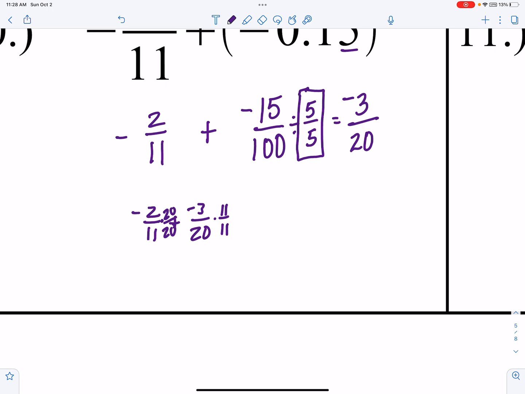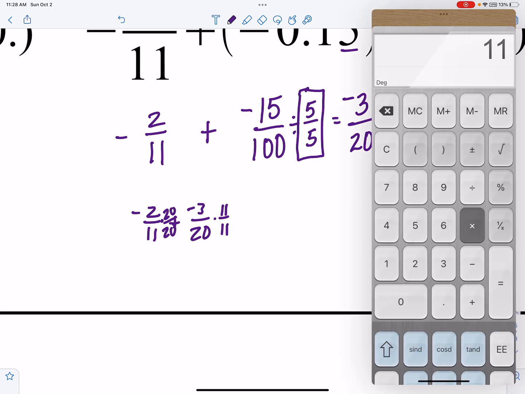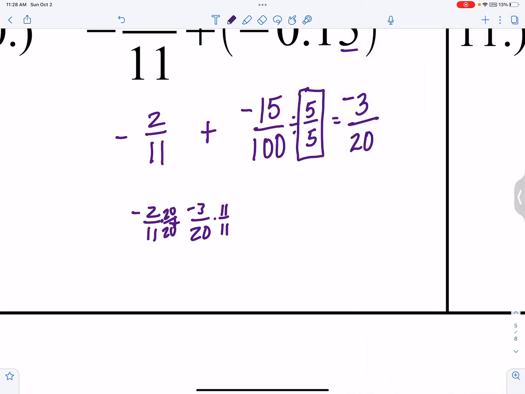If you don't know what 11 times 20 is, that's what your calculator is for. You could do it on the side. It's 220. So in our denominator, you have 220 for both of these. We're adding, and then on the top, 20 times 2 is 40.